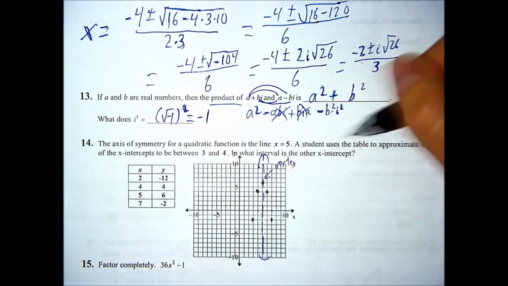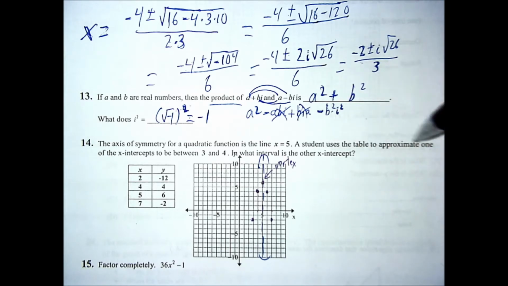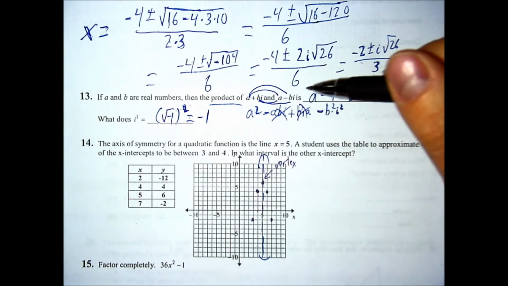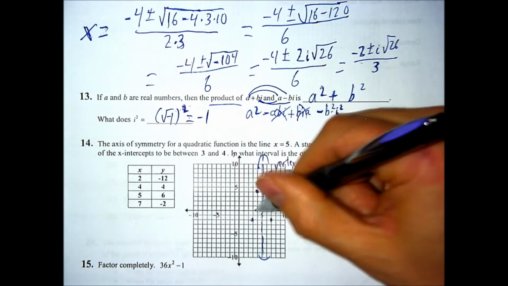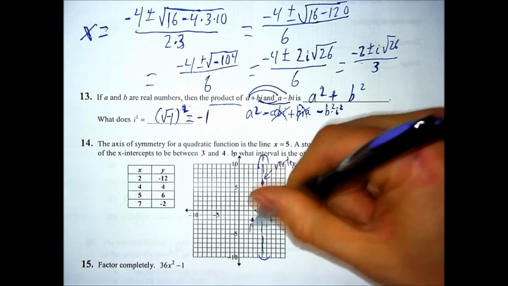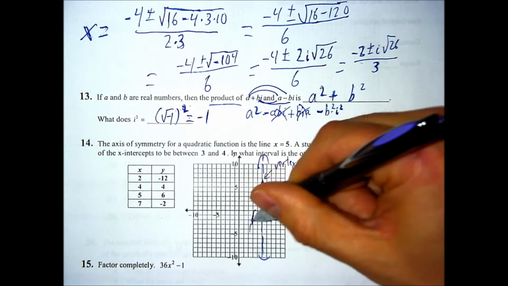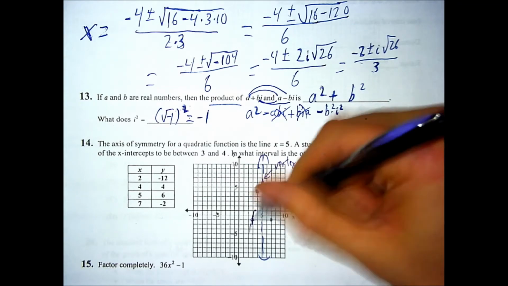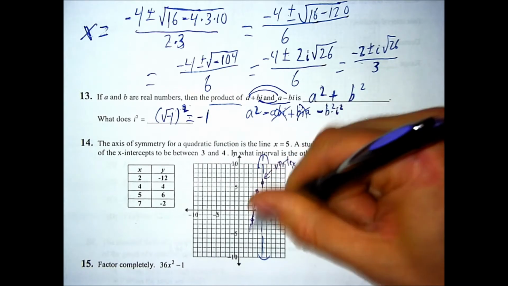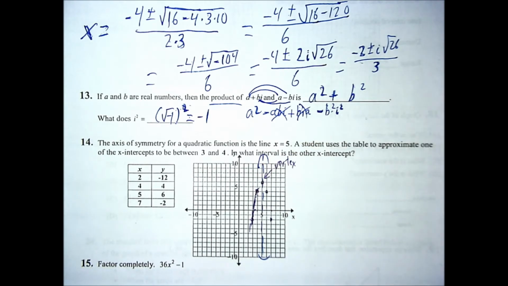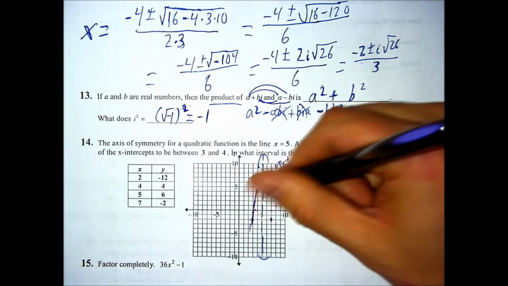A student uses a table to approximate one of the x-intercepts at between 3 and 4. Well, yeah, of course it crosses between 3 and 4, because you look here, it's coming up and it's going through 3, -2 and through 4, 4. So yeah, that's one of its x-intercepts. And the question is asking, in what interval is the other x-intercept?